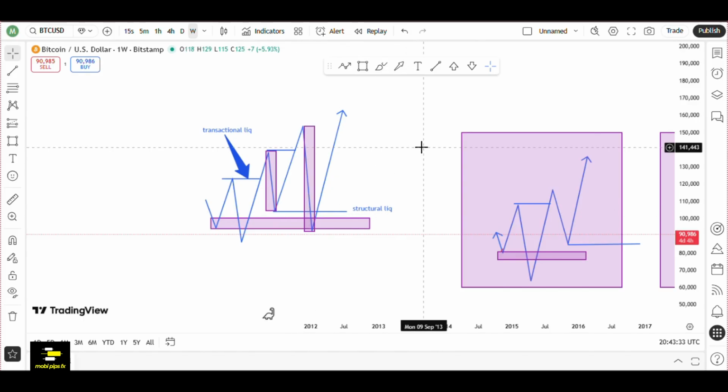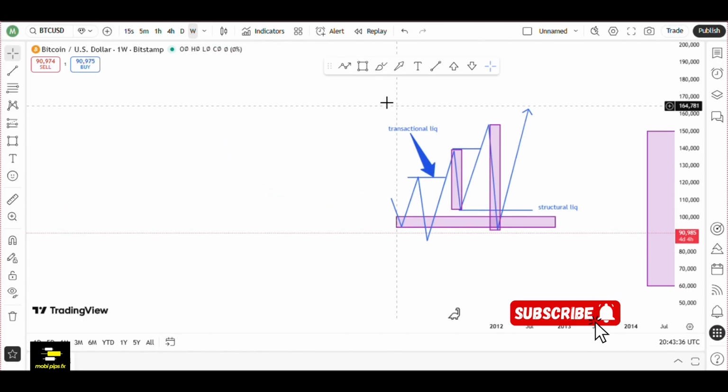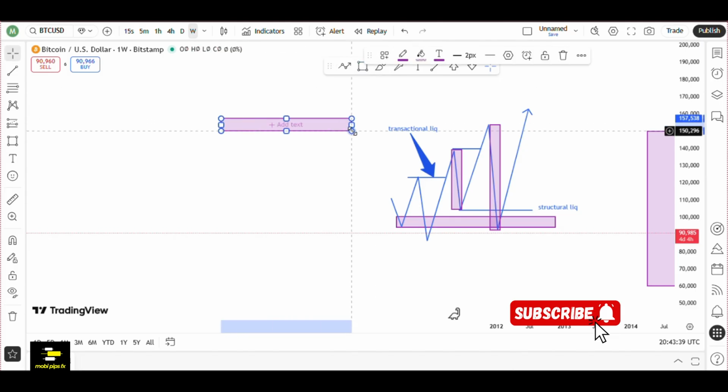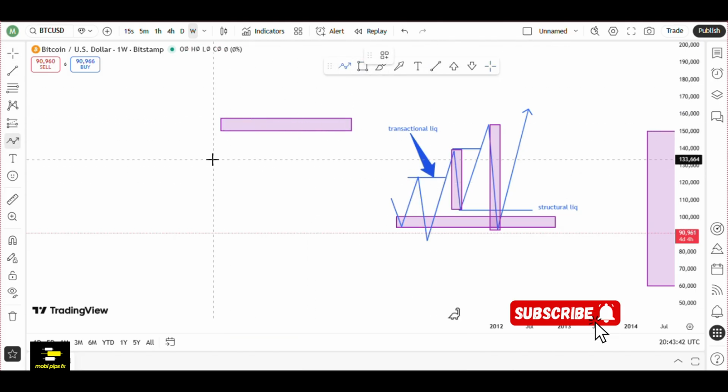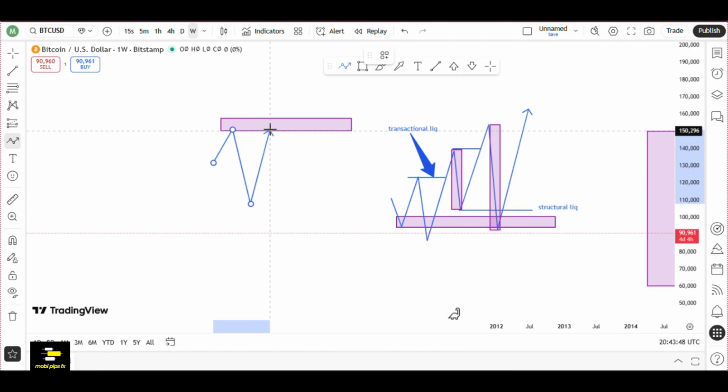All right, let's look at it from the bearish point of view. We have this. What I was saying, price comes here, there's a BOS here, sweeps, takes away this zone, right? I think this is too large. Let's see.